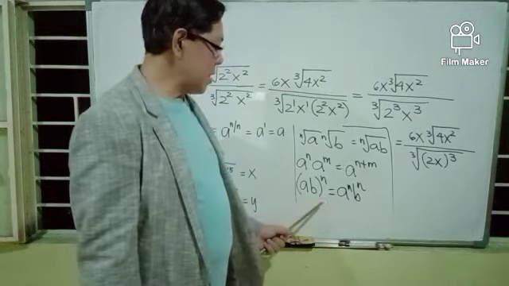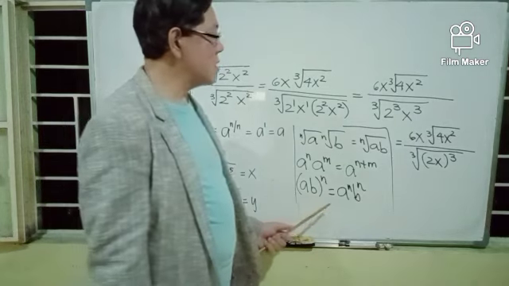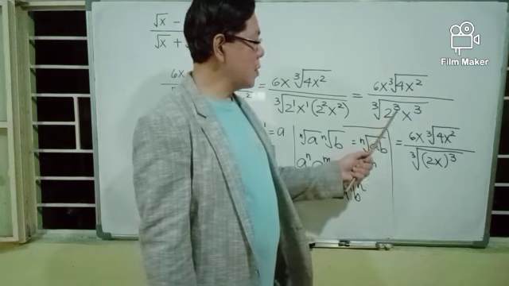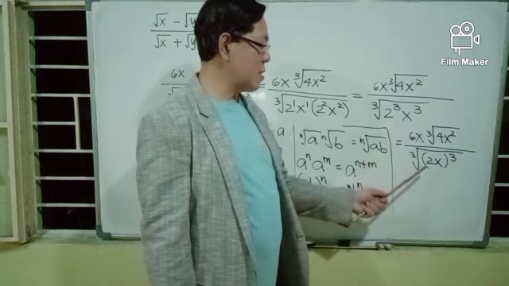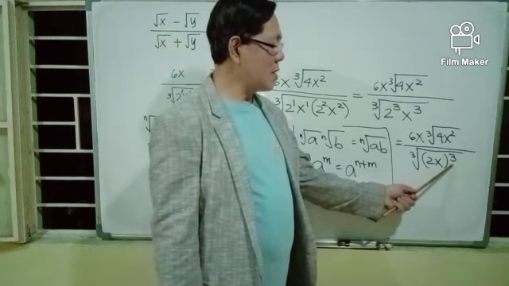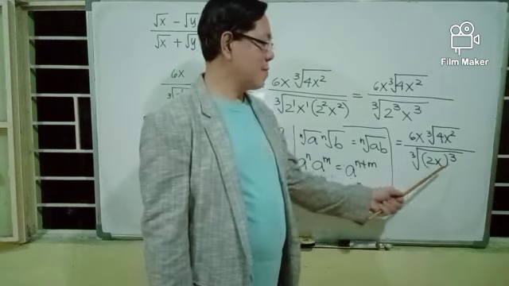Again, by this property of exponent, the radicand 2 cubed multiplied by x cubed is equal to the product 2x raised to the power 3.